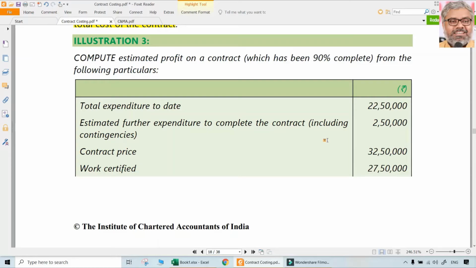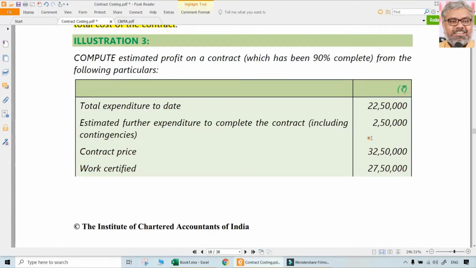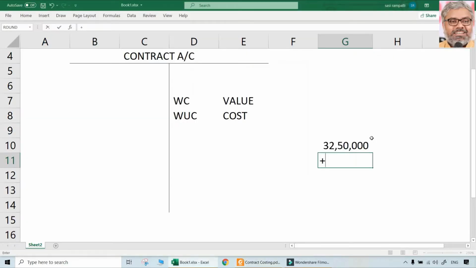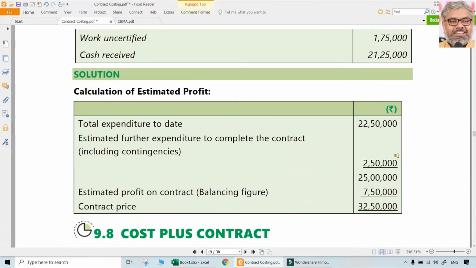How to calculate estimated profit? First of all, what is the contract price? The contract price is 32 lakhs 50,000. And expenditure incurred to date plus estimated expenditure. Total expenditure that is possible to be incurred on the contract is how much then? That is 25 lakhs: 22 lakhs 50,000 plus 2 lakhs 50,000.